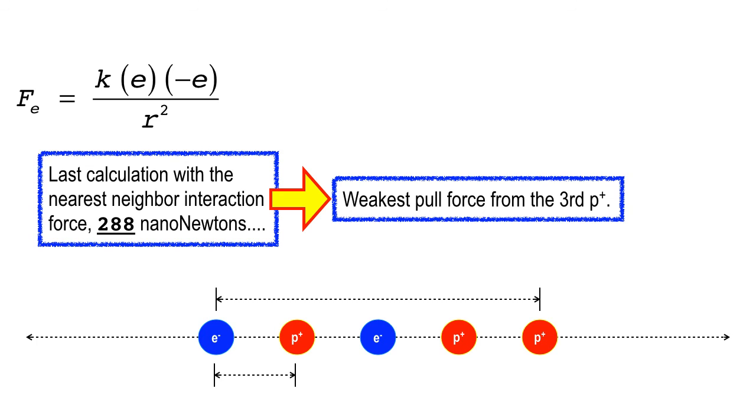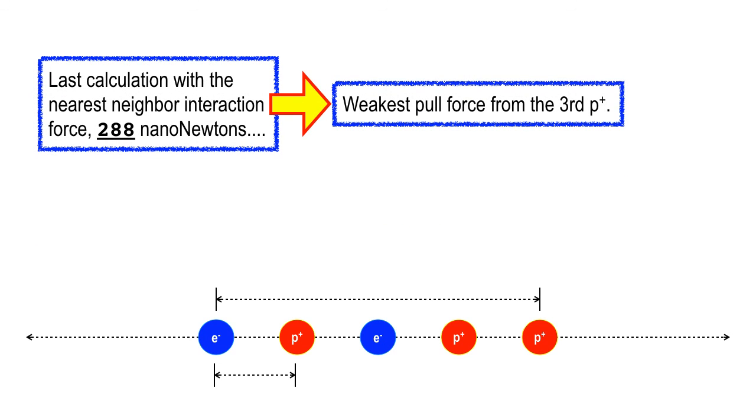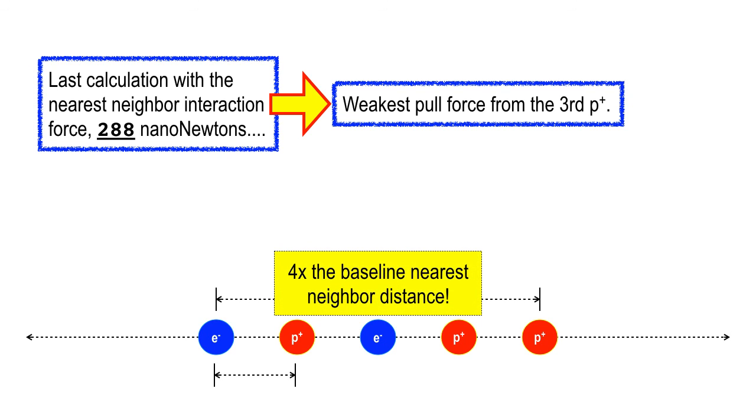Now, it's going to be a rightward pull force, so I'm going to get a positive, but it's going to be kind of pokey. All right? So now, this is 4 times the baseline distance.